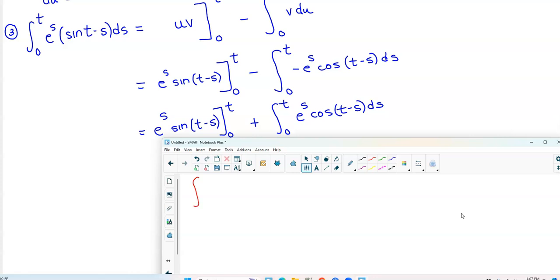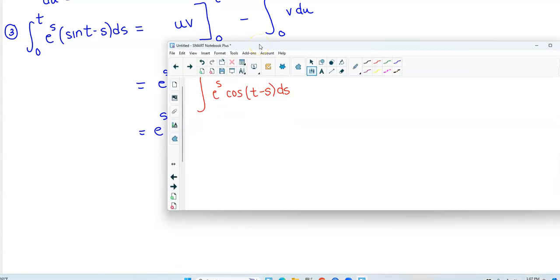So we have 0 to t, and instead of using the upper and lower bounds, we can just use the integral and then substitute it back in. So we have e to the s times the cosine of t minus s ds. Okay, so what do we need to do?